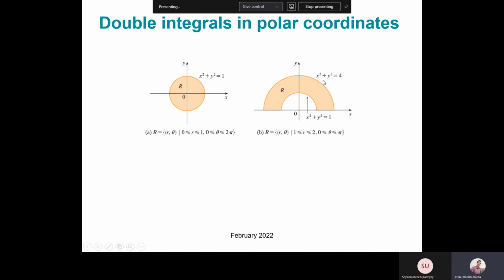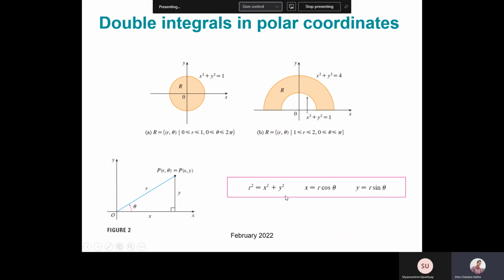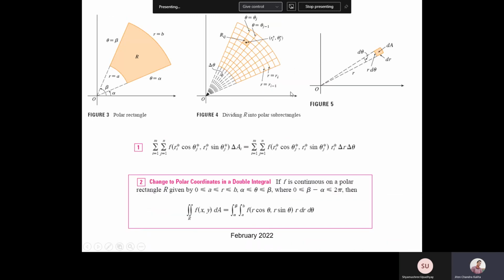And here, this is a circle of radius 1, this is a circle of radius 2, so r is going to lie between 1 and 2. Since we have considered only the upper half, theta goes from 0 to pi. This is the formula for the transformation from Cartesian to polar, and this is what we have done.